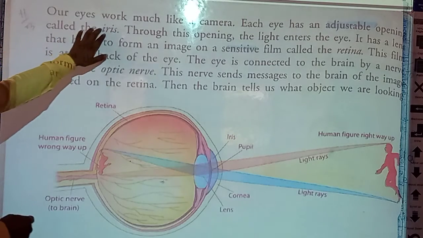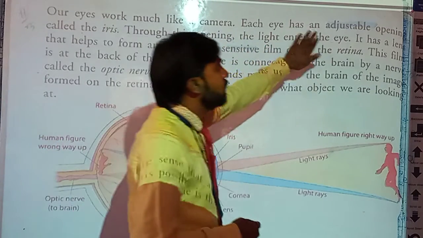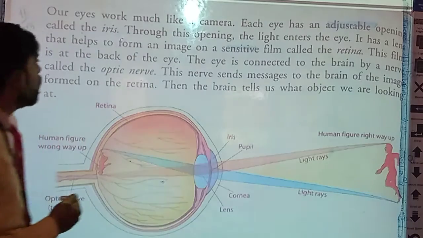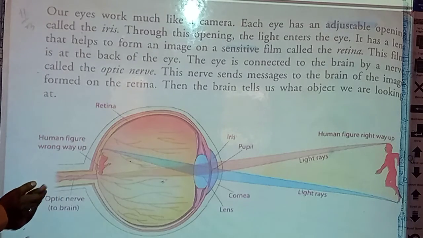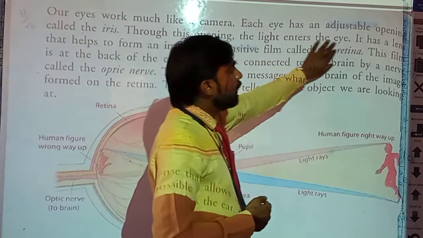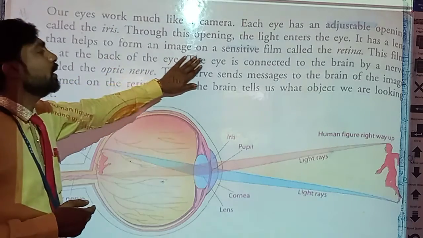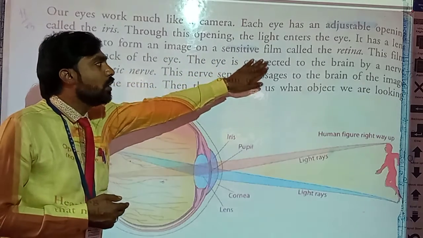Our eyes work much like a camera. Each eye has an adjustable opening called the iris. Through this opening, the light enters the eye. It has a lens that helps to form an image on a sensitive film called retina.